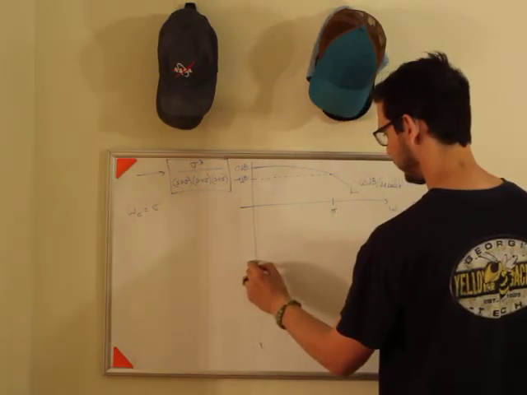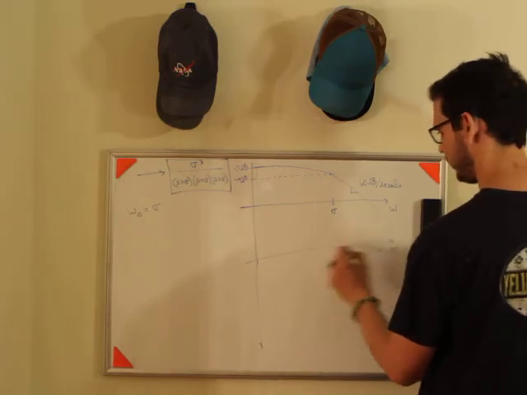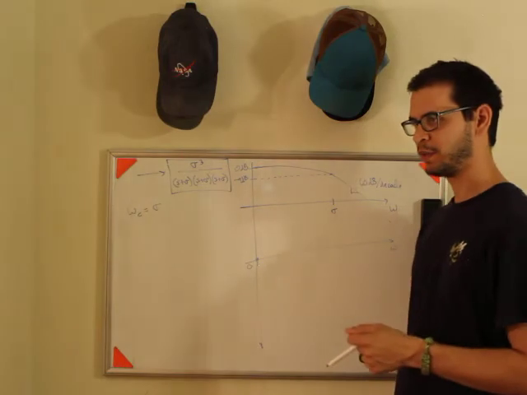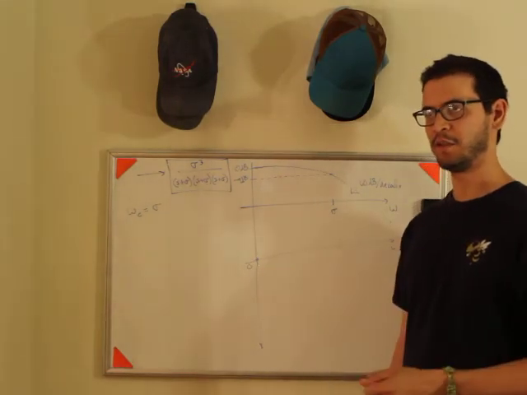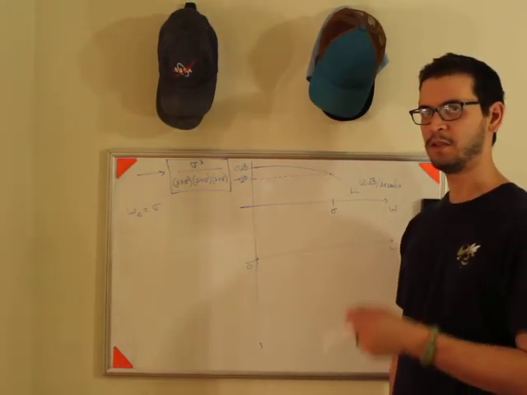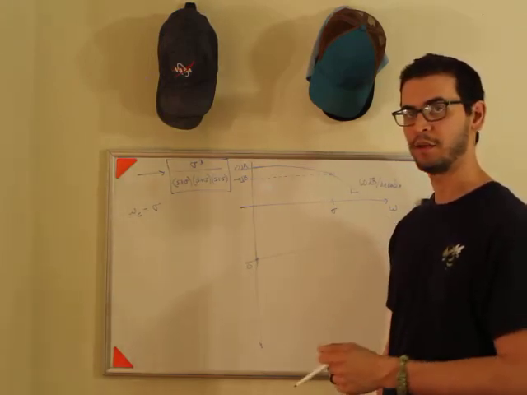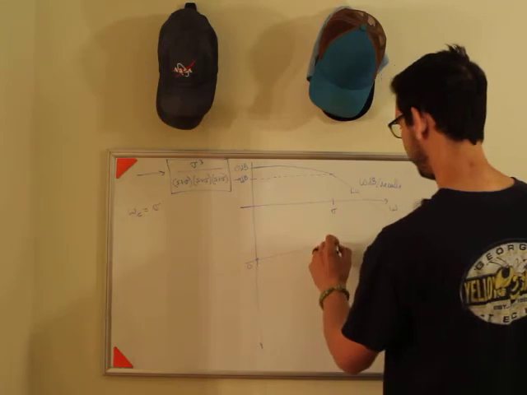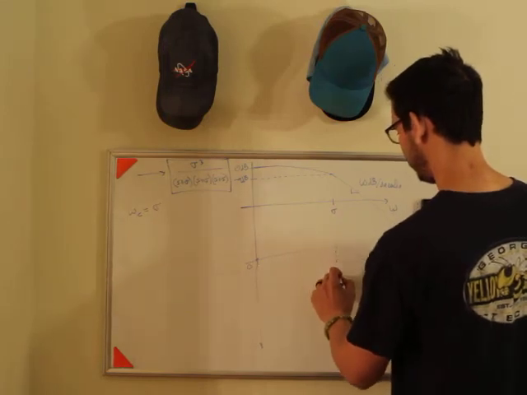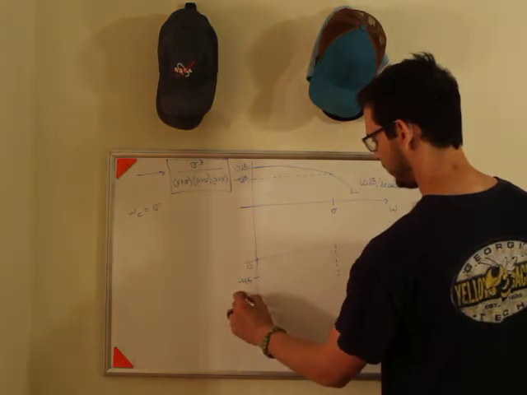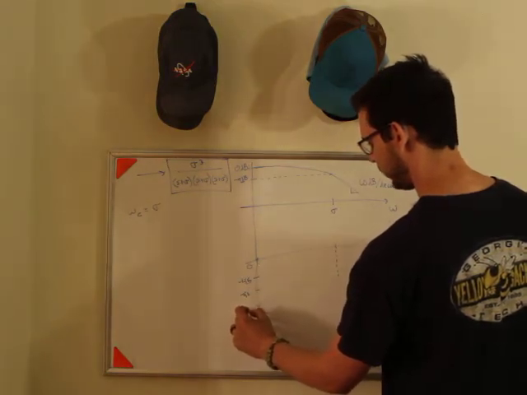All right, so now let's look at the phase. I'm going to start here at 0. At my first order system, at the cutoff frequency it is 45, 45 times 2 is 90, 90 plus 45, because there's 3 of them, is 135. So at my cutoff frequency I'm going to do minus 45, minus 90, minus 135.